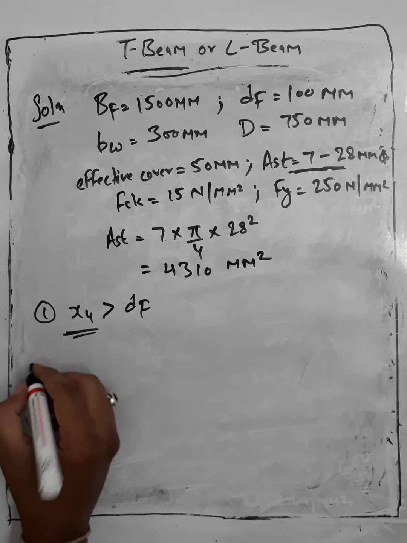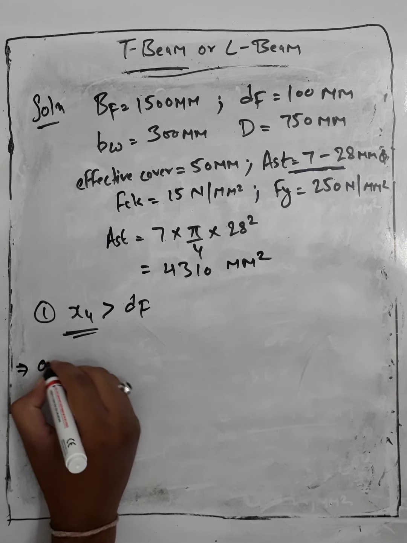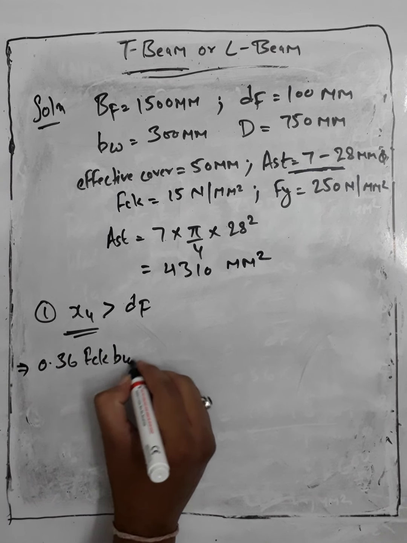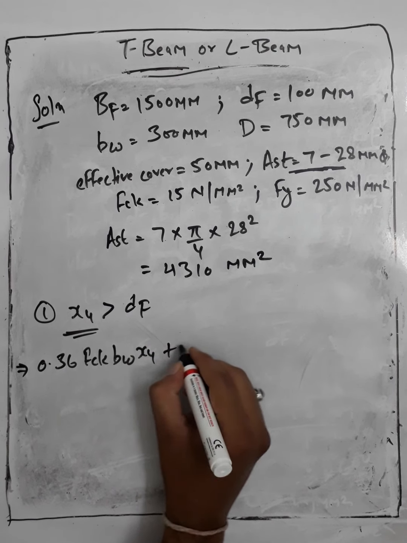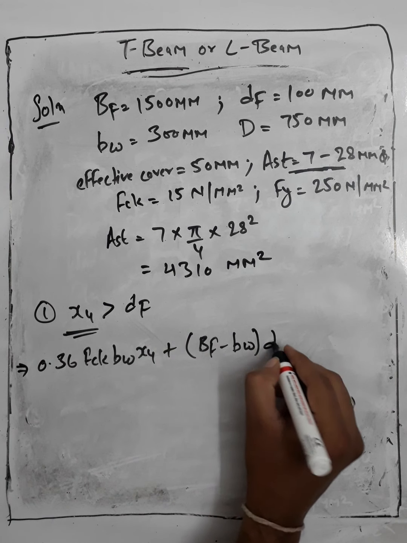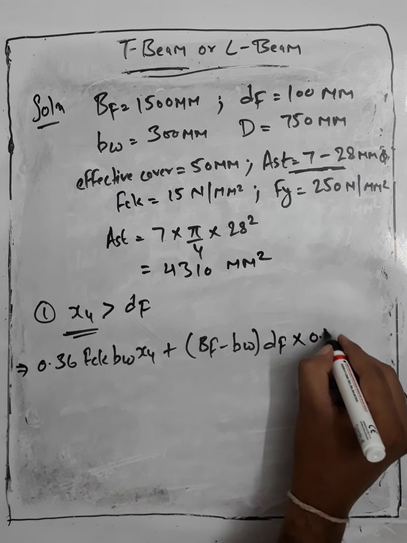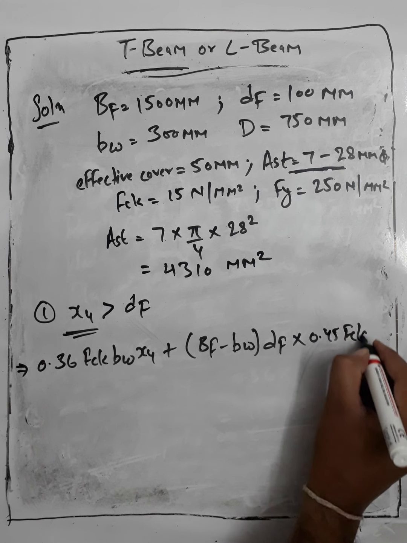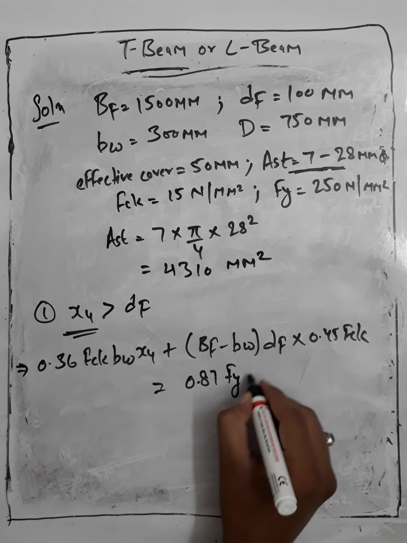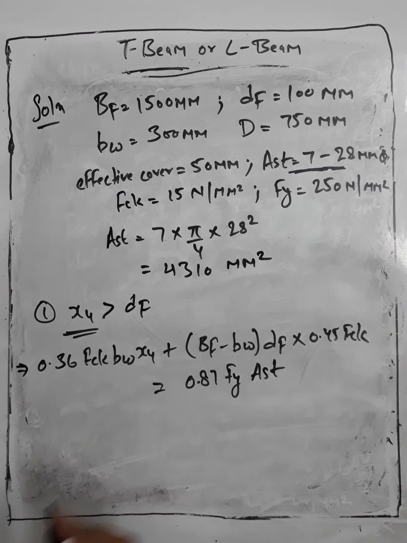For that condition we have one formula: 0.36 FCK BW XU plus BF minus BW into DF into 0.45 FCK is equal to 0.87 Fy AST.